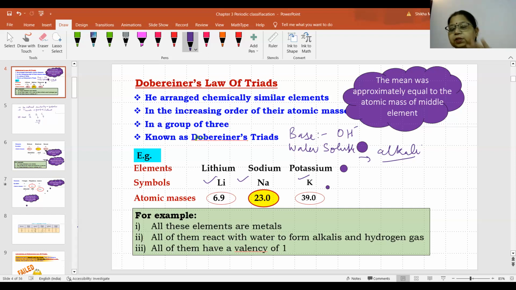So when he noticed the chemical properties are similar, he decided to put them in a group of 3, arranged in increasing atomic mass. Atomic mass of lithium is 6.9, or we can take it as 7. Sodium is 23. Potassium is 39. So what will be the sum quickly? 7 plus 23 plus 39. What are we expecting to get?